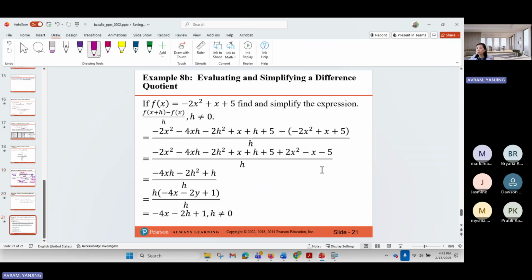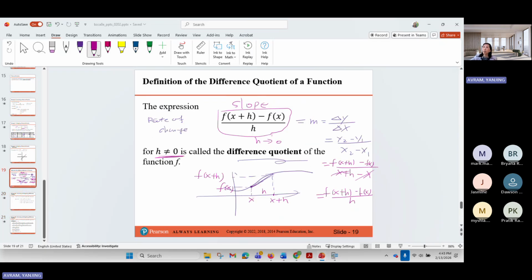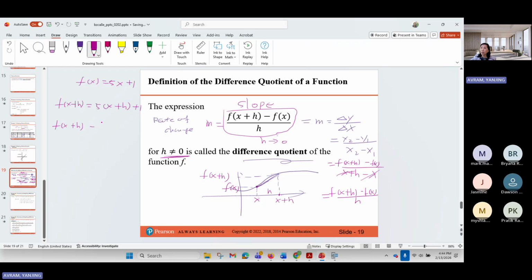One thing is how do you find this one right here? I'm going to give you a quick example in here, right? So if I have my f of x equal to 5x plus 1, how do I use this to find the slope? We know this x plus h, okay? This will be 5 times x plus h plus 1, right? And then if I have f of x minus f of x, and this will be multiplied in. So this will be 5x plus 5h plus 1, right? Minus f of x, which is 5x plus 1.